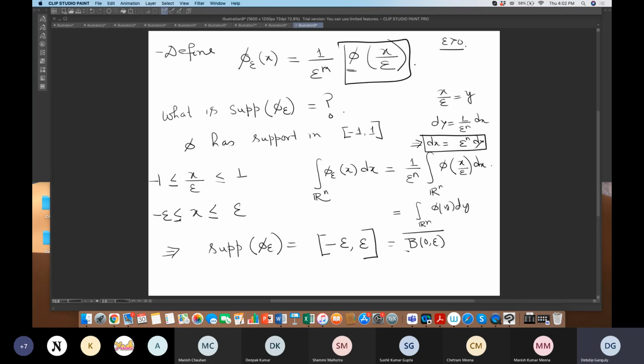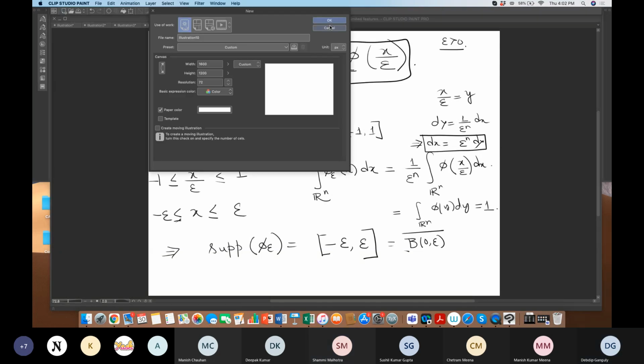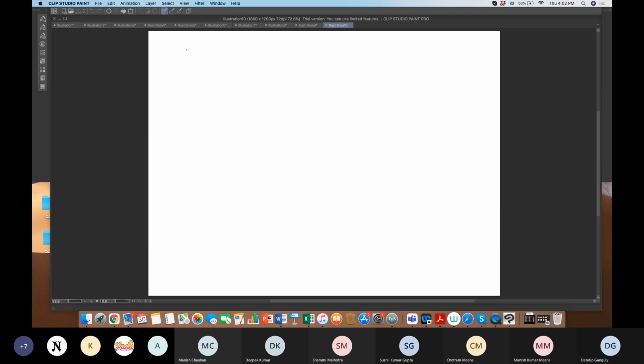And what is the integral of phi y dy? 1. Exactly. So what am I getting? The integral over R^n, or you can say over R, of phi epsilon x dx is 1.